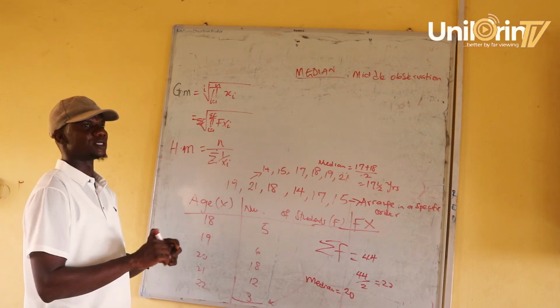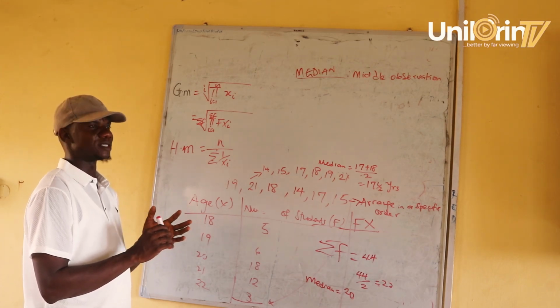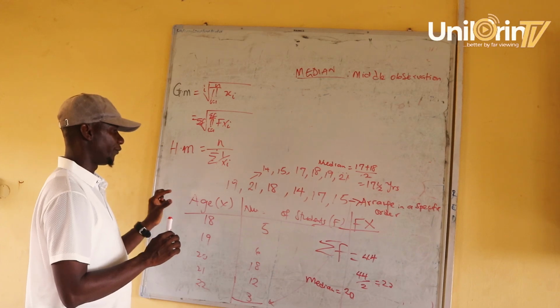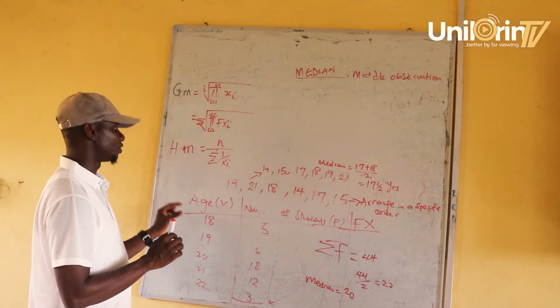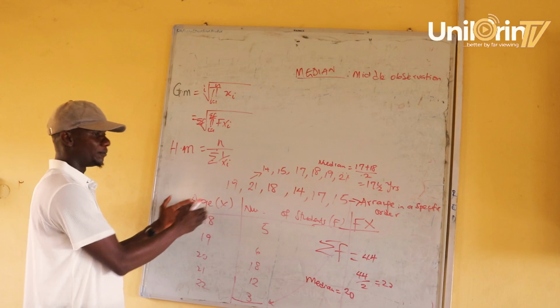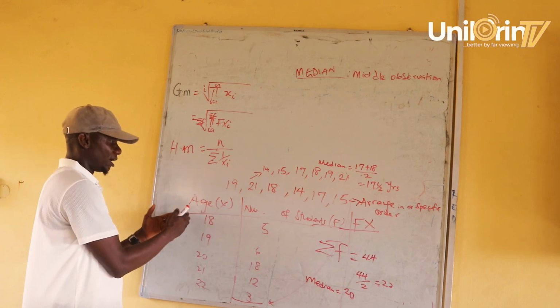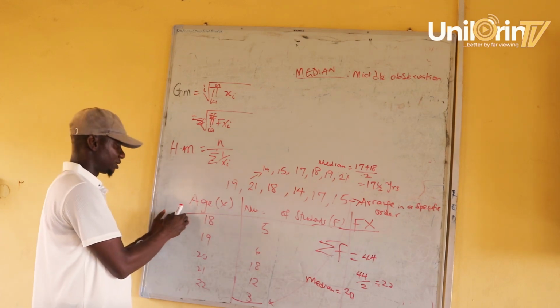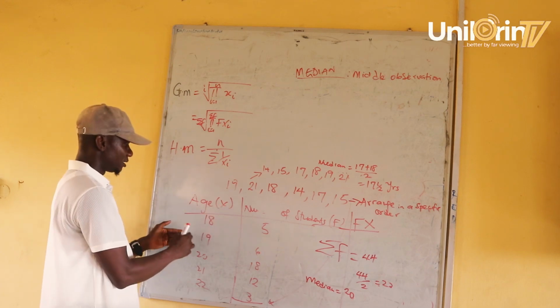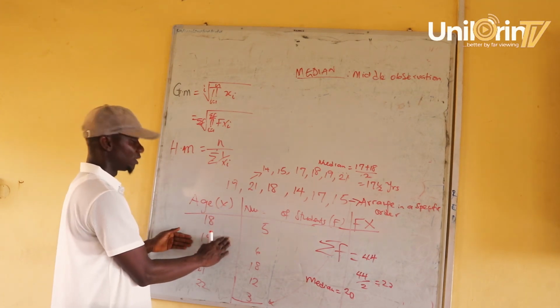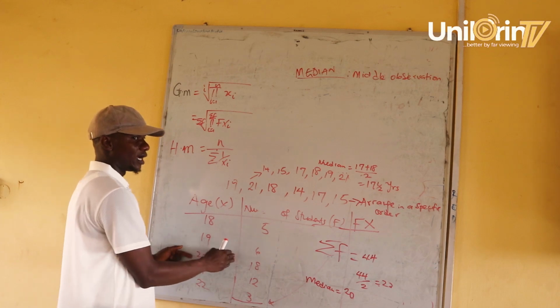But we also have another form of observation: group frequency observation. That is, the age can now be in brackets, those that fall between age 5 and 10, 11 and 15, 16, and so on.